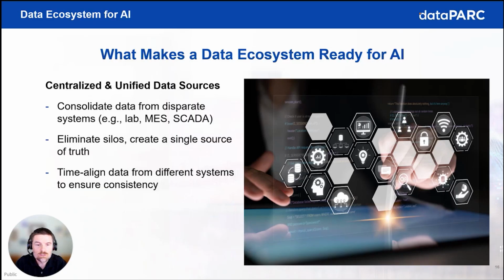The other key thing that's important is a single integrated data platform that centralizes all the different sources can also time align those sources into a single source of truth for the timestamps for all the data. And again, in a lot of AI modeling, that time series data is really important. And so everything being lined up on the same time scale is very beneficial.